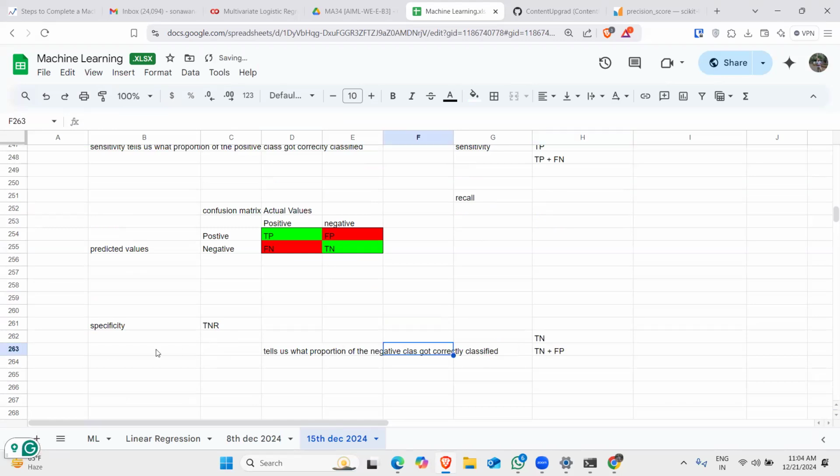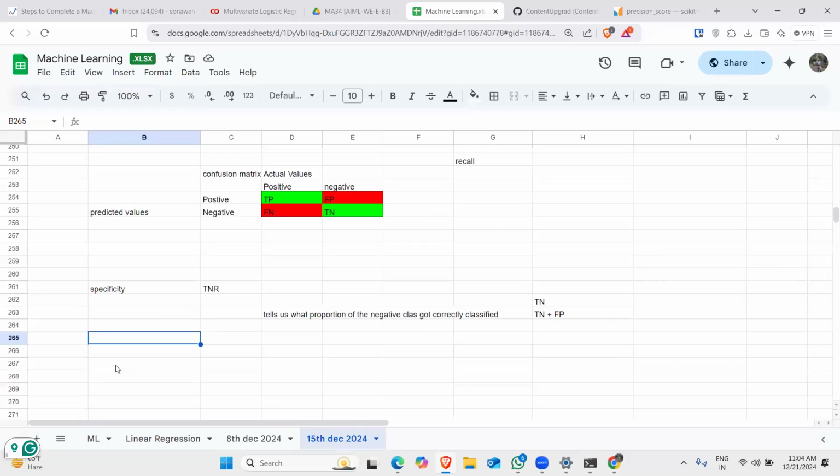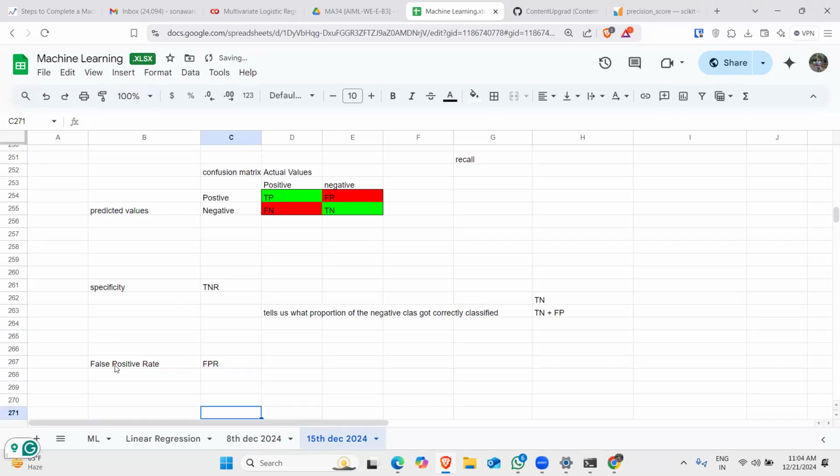Taking an example, specificity and sensitivity would mean determining the proportion of healthy people who were correctly identified by the model. Then we have the false positive rate, known as FPR. FPR is 1 minus specificity, simple, right? You calculate specificity and you do 1 minus that.